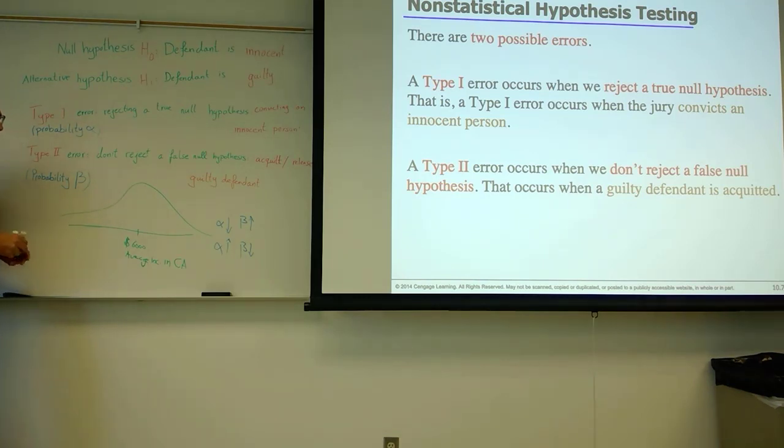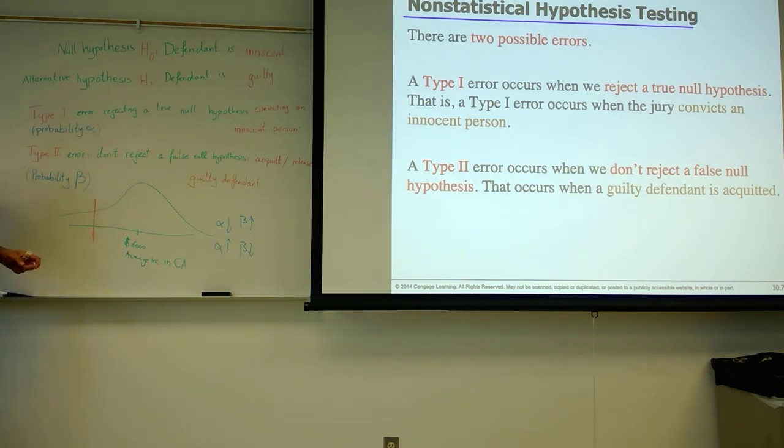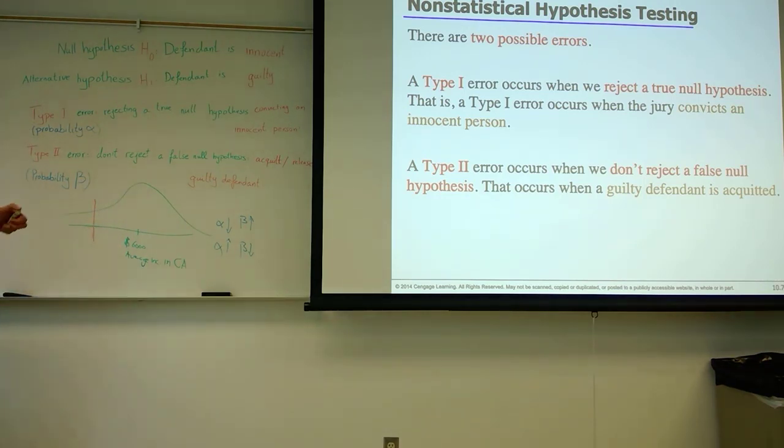So what we do is now we need to determine, based on the sample that we took, a limit. So here is the limit, for example. Now if we take a sample, and our sample is to the right of that limit, we believe that there is not enough evidence to support the alternative hypothesis, so we do not reject the null hypothesis.